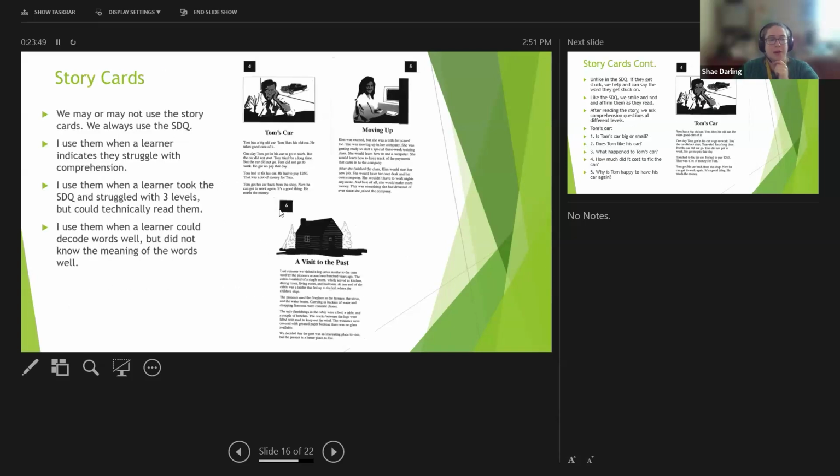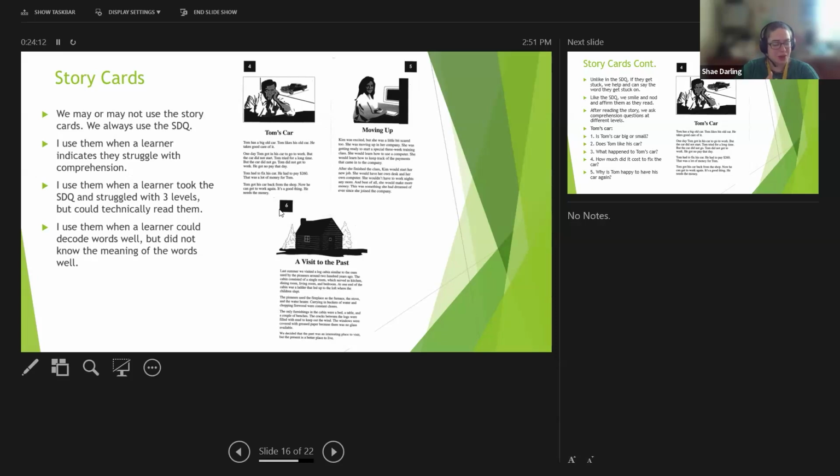We also have story cards. We may not use them, but I actually have them laminated on a 3-ring little clip that I bring. If a learner says, I can't really understand what I'm reading, I will use the story cards to gauge their reading comprehension level for myself.